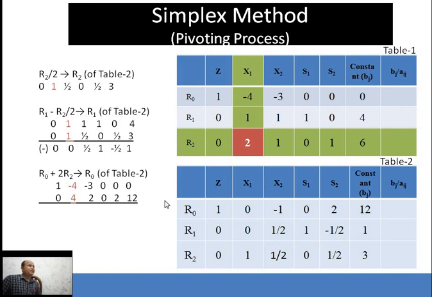Now add: 1 plus 0 is 1, minus 4 plus 4 is 0, minus 3 plus 2 is minus 1, 0 plus 0 is 0, 0 plus 2 is 2, 0 plus 12 is 12. So this is the row 0 of table 2.